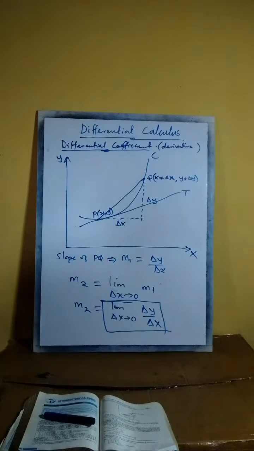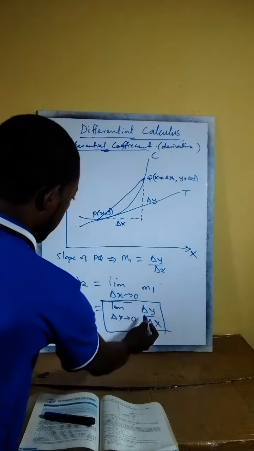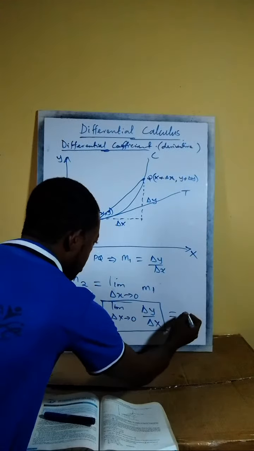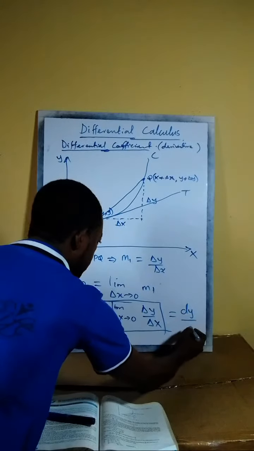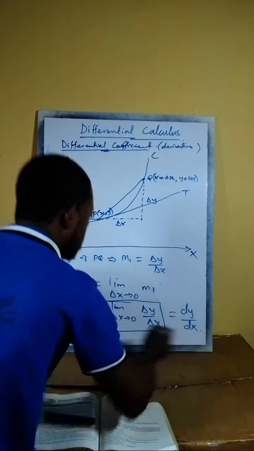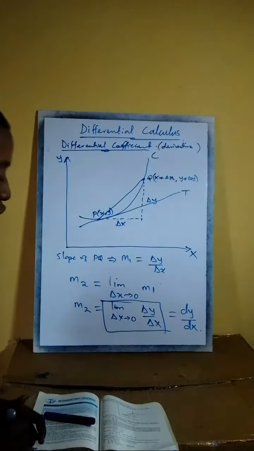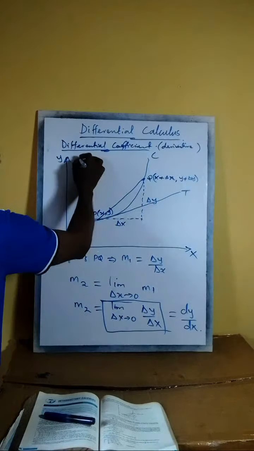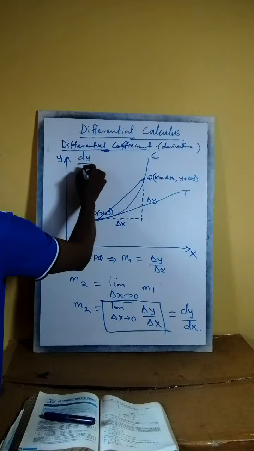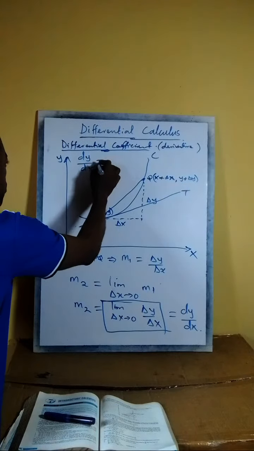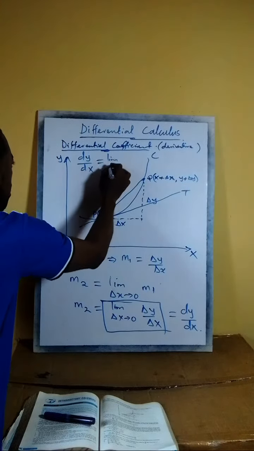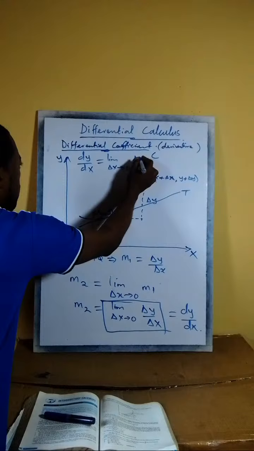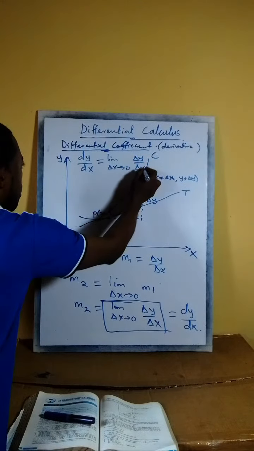That is the limit as delta x tends to 0 of delta y over delta x, and we also write this as dy/dx. Therefore, properly defined, the differential coefficient of a function, denoted as dy/dx, is equal to the limit as delta x tends to 0 of delta y over delta x.